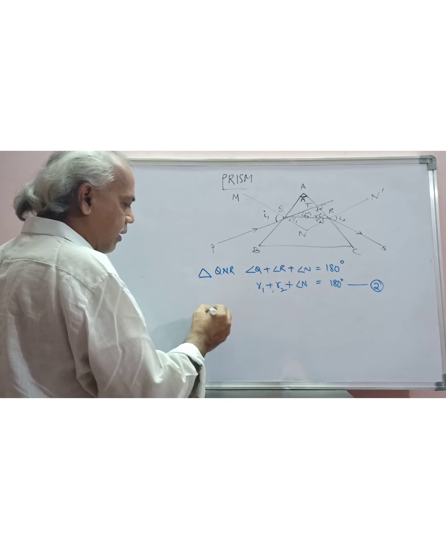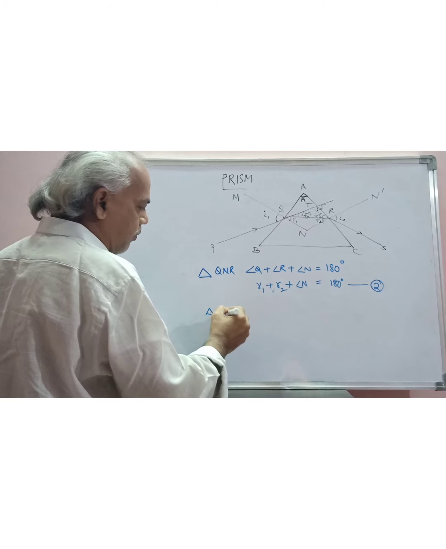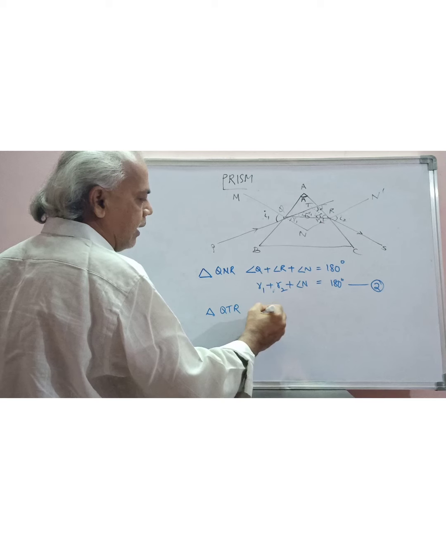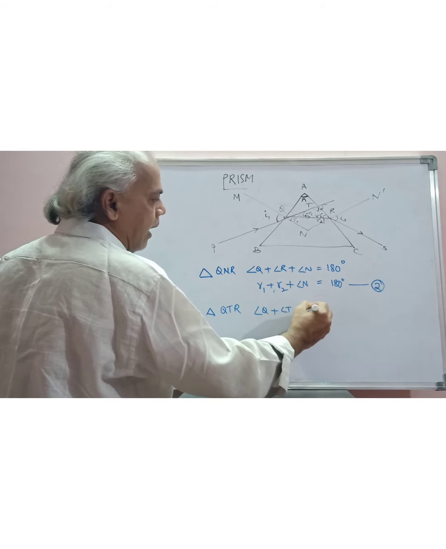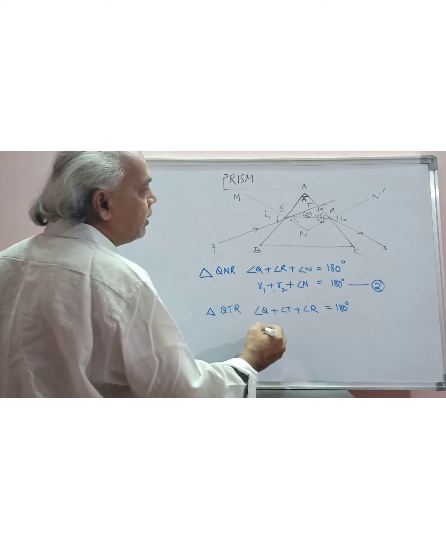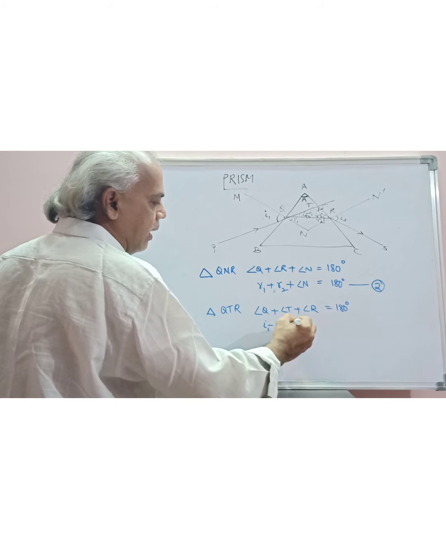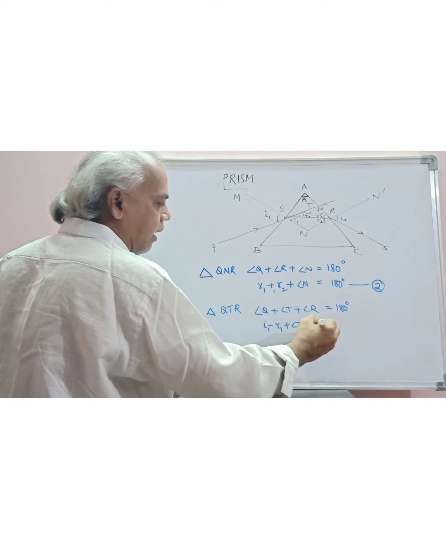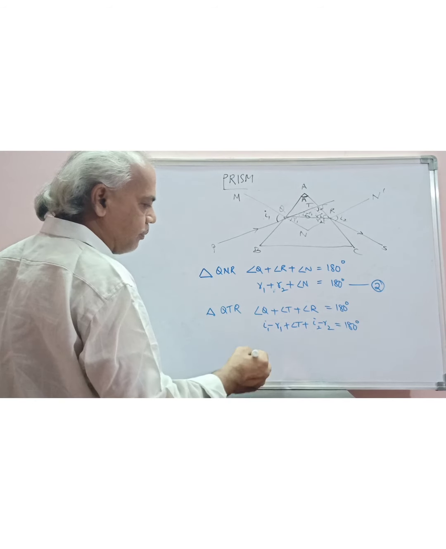In another triangle QTR, angle Q plus angle T plus angle R is equal to 180 degrees. Here angle Q is I1 minus R1, plus angle T, plus angle R which is I2 minus R2, is equal to 180 degrees.